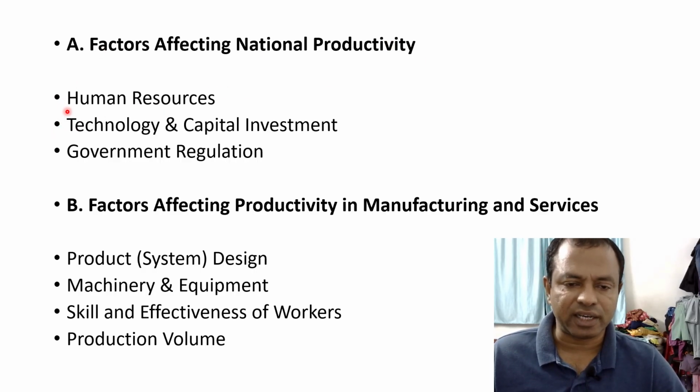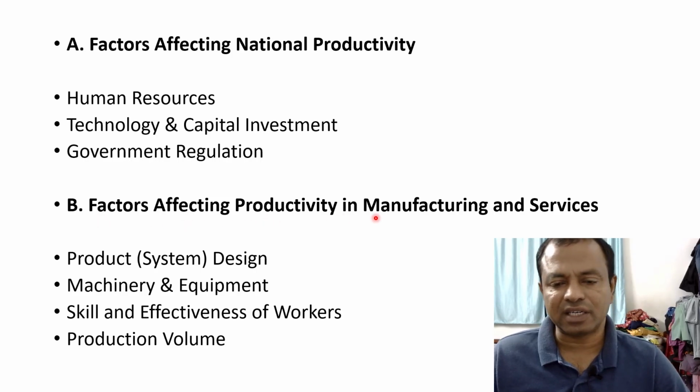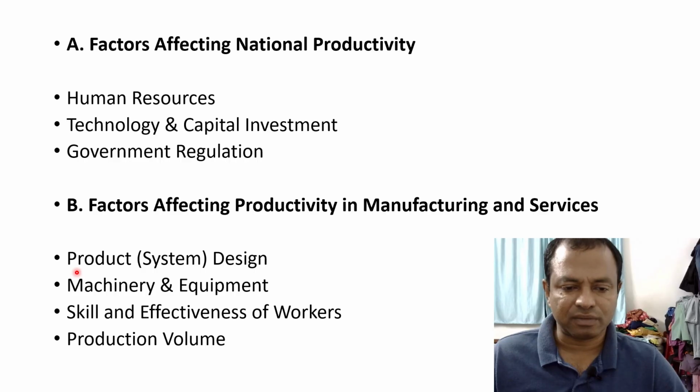So three things are there: human resources, technology and capital investment, government regulation. In the case of factors affecting productivity in manufacturing and services, four things are there: product or system design, machinery and equipment, skill and effectiveness of workers, production volume.